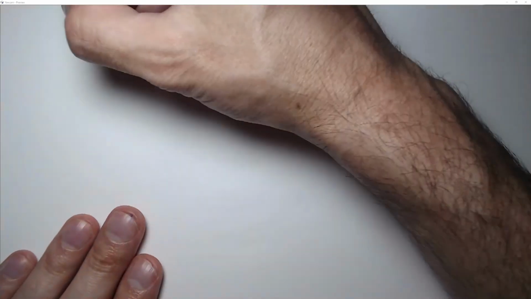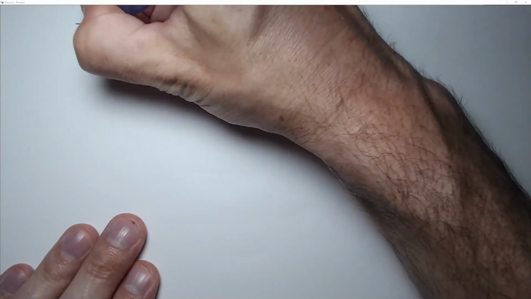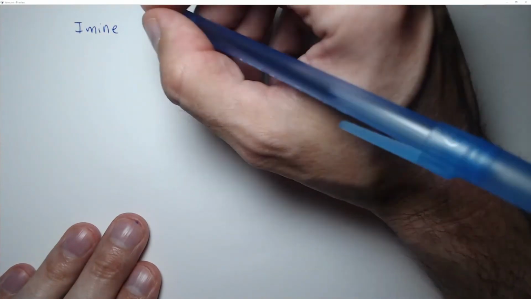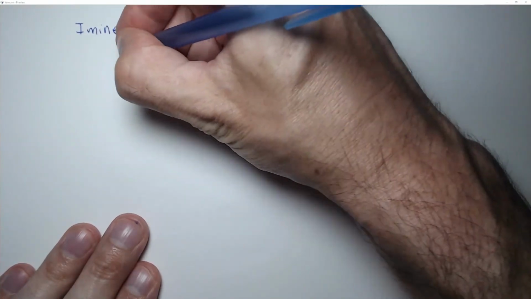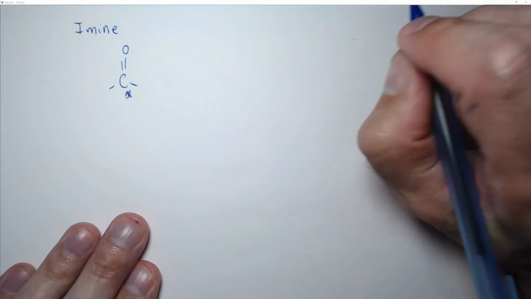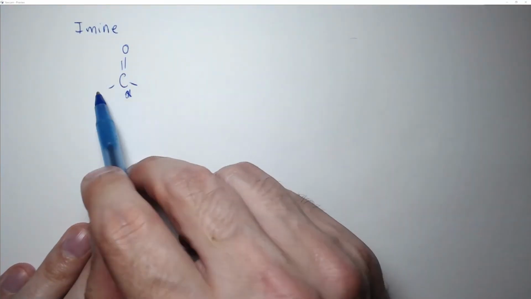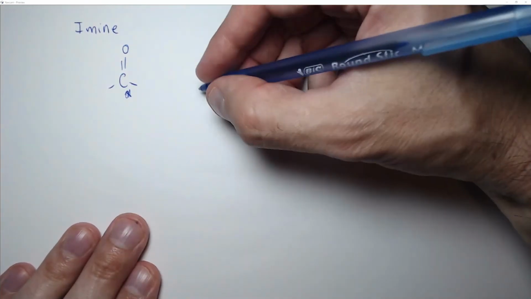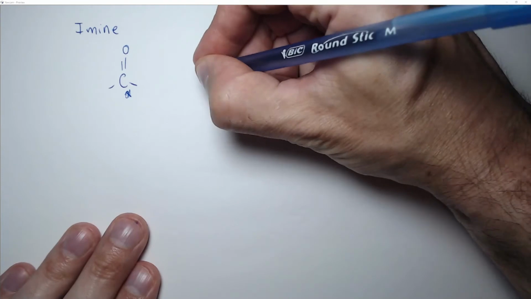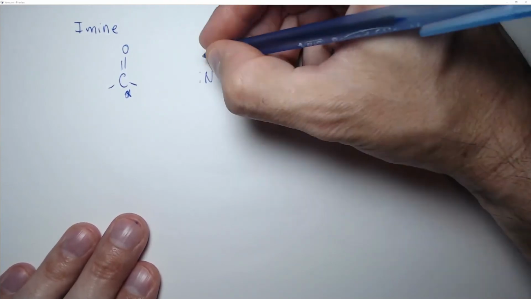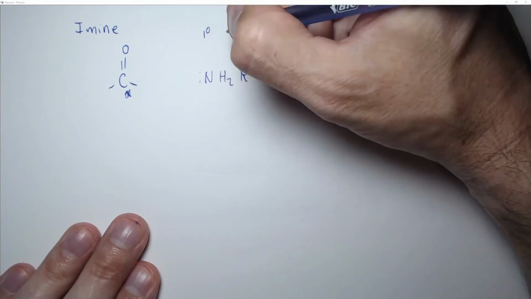So let's look at the imine mechanism first. So here, we're going to have a primary amine, and I'm going to use this as my aldehyde or ketone. Again, to avoid all the R's, I'm going to just leave those as blank bonds. So we have N bond H2R, which again is a primary amine.